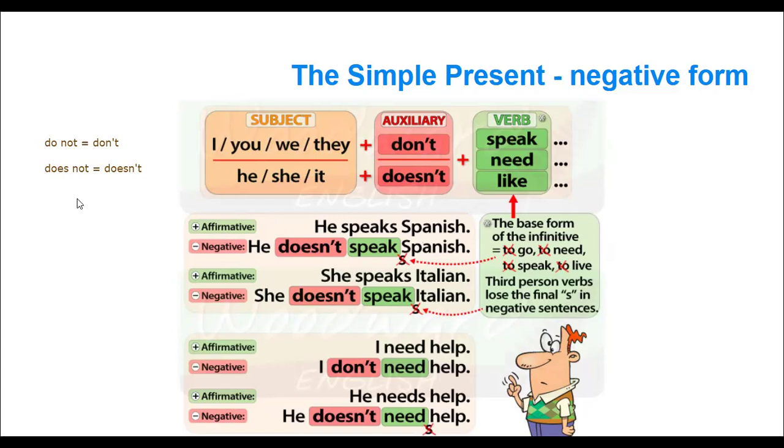In the affirmative form, I put the letter S in speaks because it's third person singular, right? He speaks Spanish. But when it's negative, I only say he doesn't speak Spanish. No letter S. Is this clear?